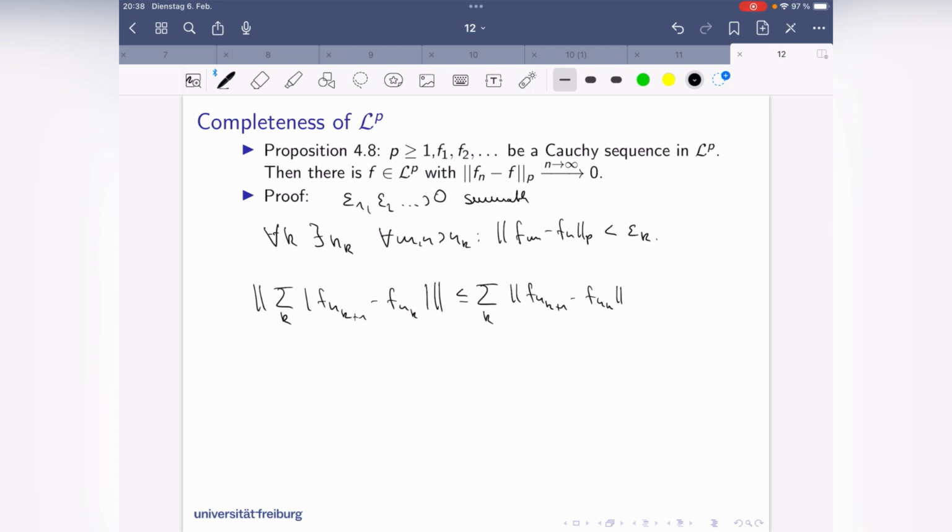This is by assumption smaller or equal than the sum over k of epsilon k, which is finite. So this is finite, which means that this function is almost everywhere finite. It's a sum over non-negative functions, and that means that this converges to 0 at least.